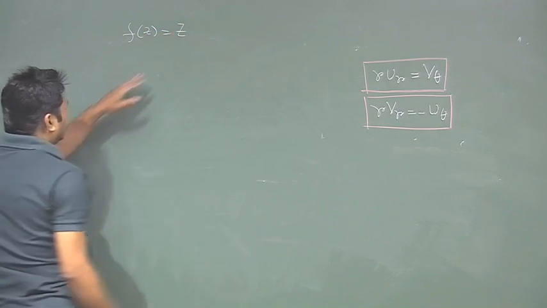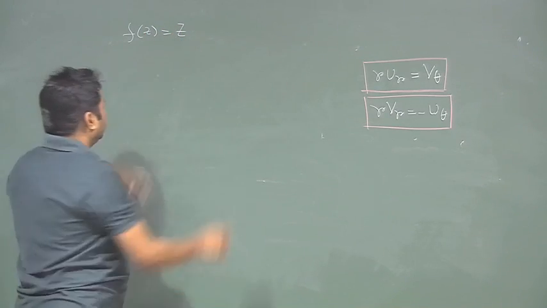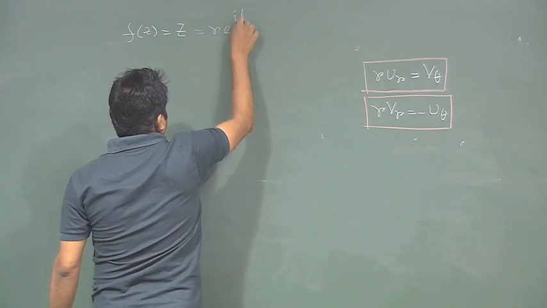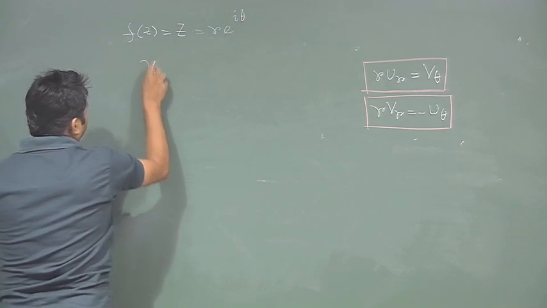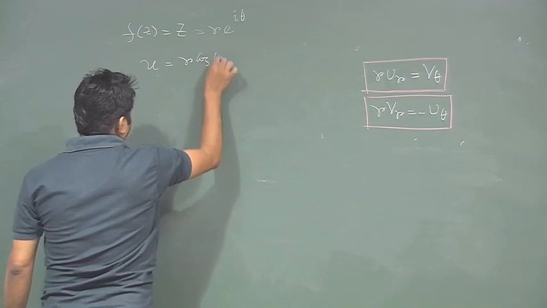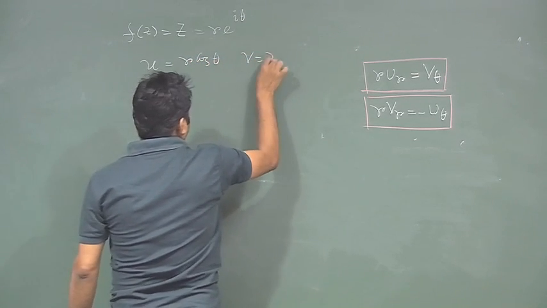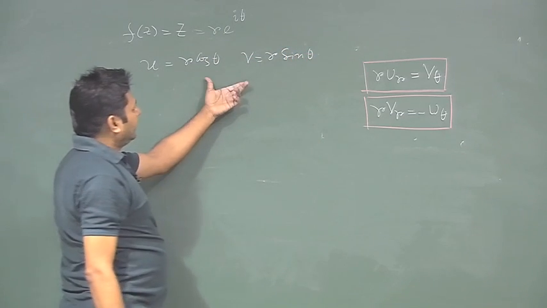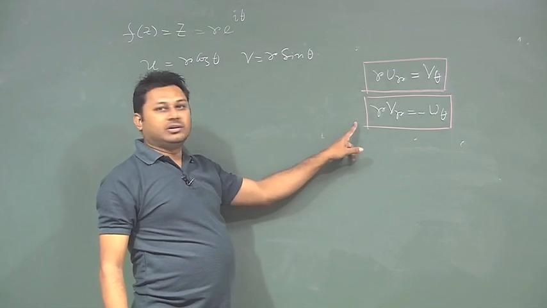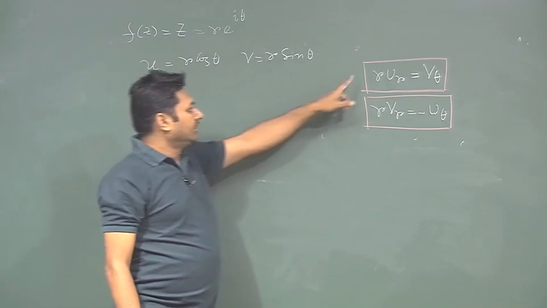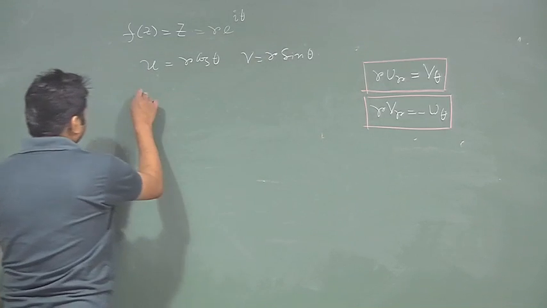I know this z is an analytic function. z is r e to the power i theta. So, what is my u here? u is r cos theta, and my v is r sin theta. Now, if u and v are given, are they satisfying this equation? Because this is an analytic function, it should be satisfying these things. So, let us do that.